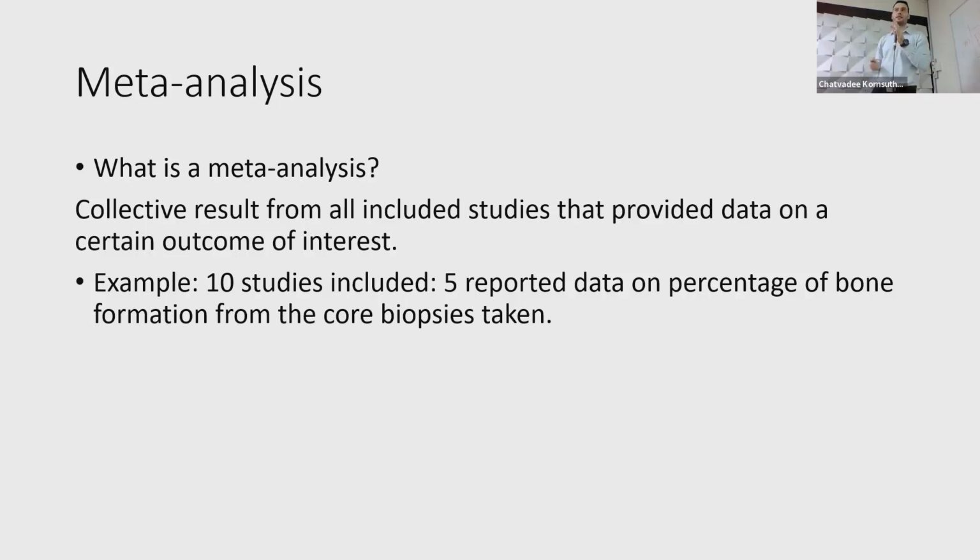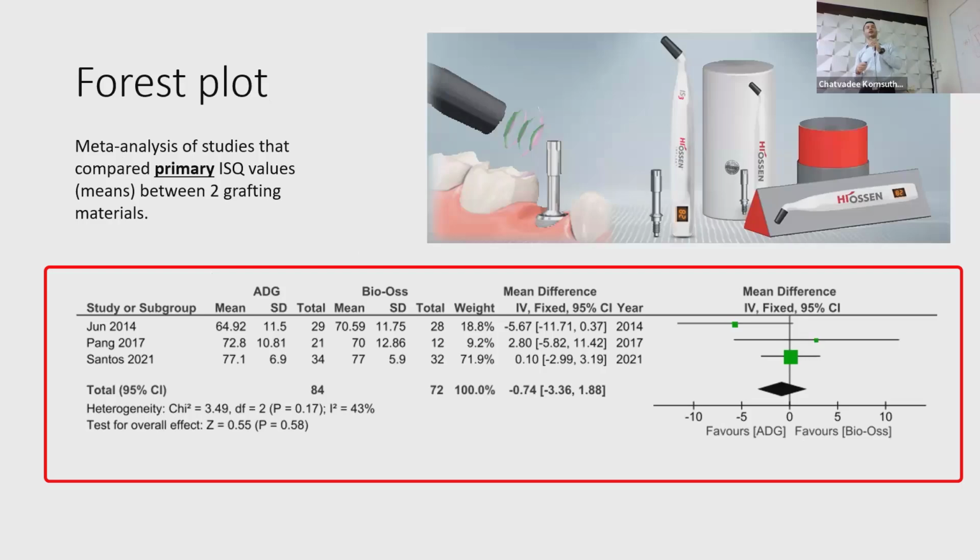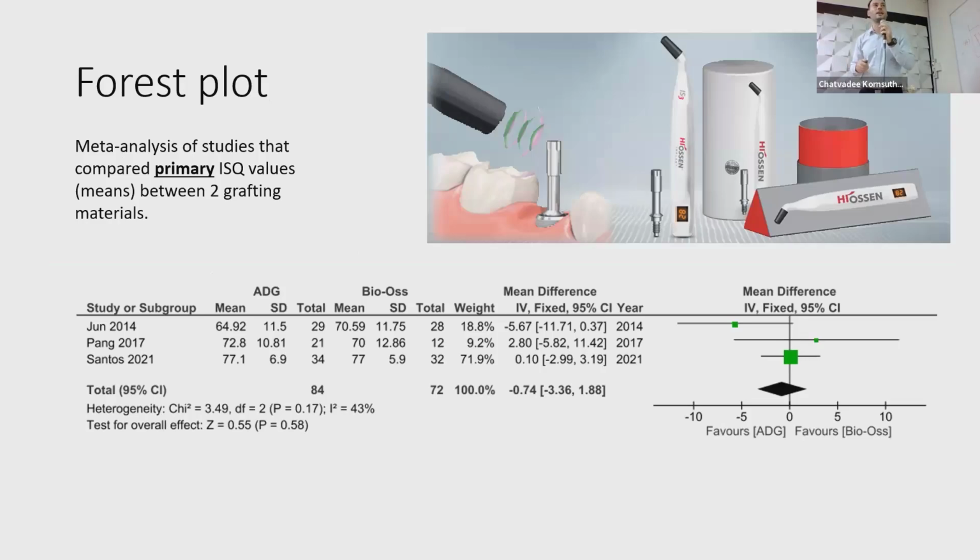Now let's make this clear with one example. When we want to read and understand the meta-analysis, this is the most important figure that we need to understand, which is what we call a forest plot. Here is a meta-analysis that compared primary implant stability. Do you know primary implant stability?